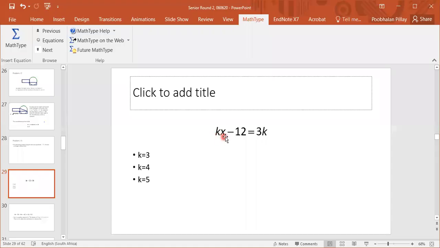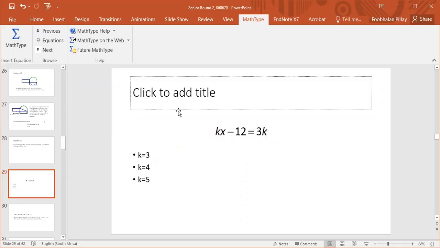What have we got? 3x minus 12 equals 9. Right. So then you get 3x equals 9 plus 12, which is 21. And 3x is 21, x is 7. X is an integer, which means that when I put k equal to 3, you do get an integer solution.